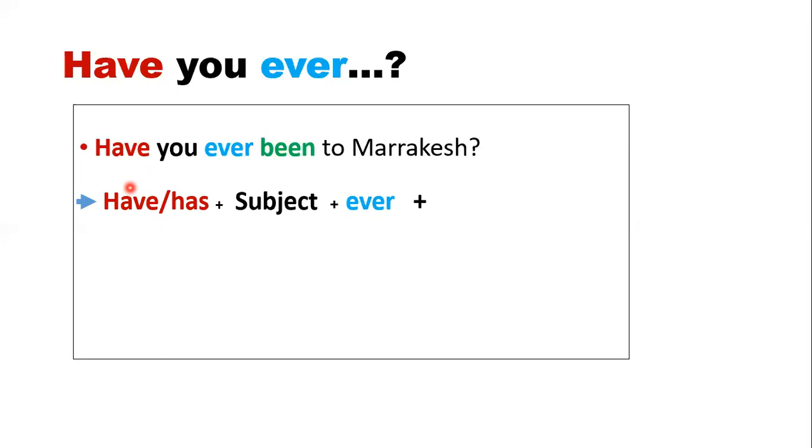So you told us have plus subject plus past participle. Yes, it is still correct. We squeeze in ever before the past participle. And then of course the question mark. Have you ever? Has he ever? Has she ever? Has it ever? Okay?